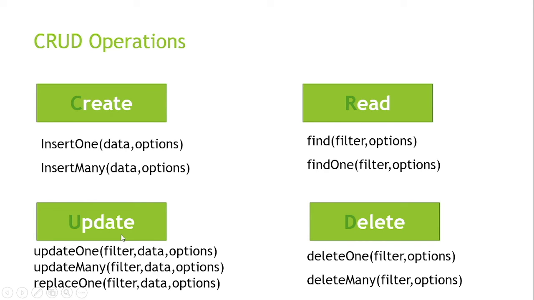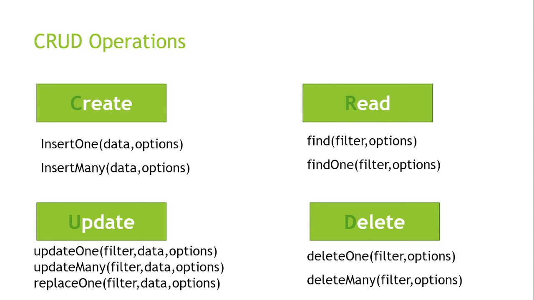Also there is the update operation which we will perform later in the series, and the update operation commonly consists of these methods: updateOne, updateMany and replaceOne. UpdateOne will only update one document in your collection. It also has a filter, like it searches for the element which matches this filter or condition.